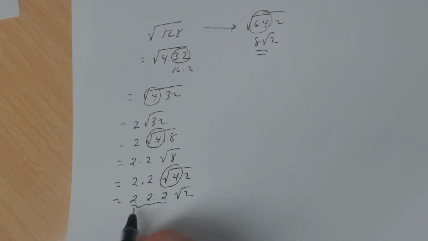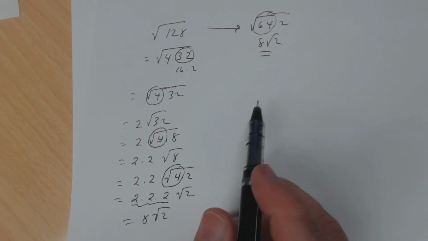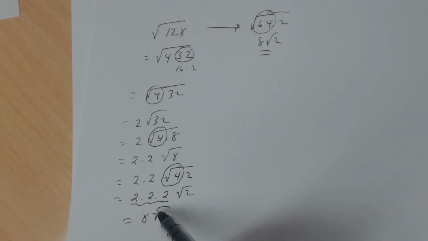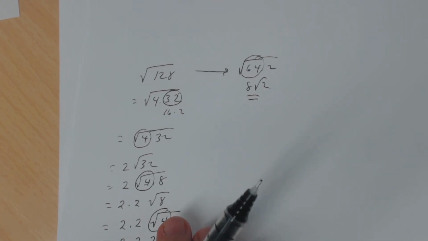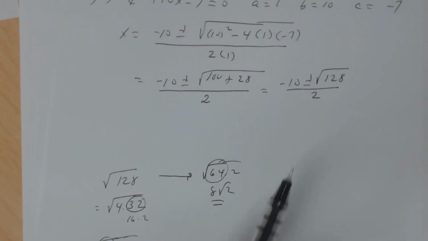And then 2 times 2 is 4, 4 times 2 is 8. So I get 8 square root of 2, which is what this was. So notice how many more steps you have to go through if you don't use the largest perfect square.